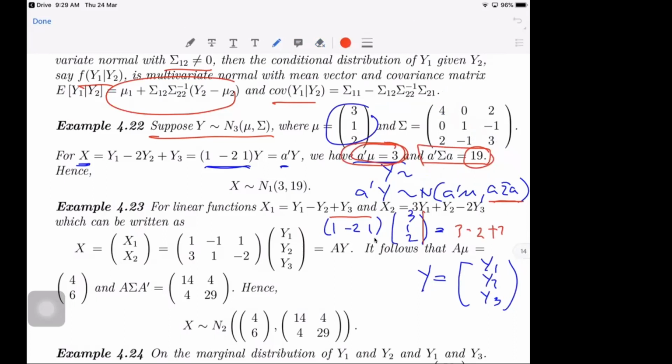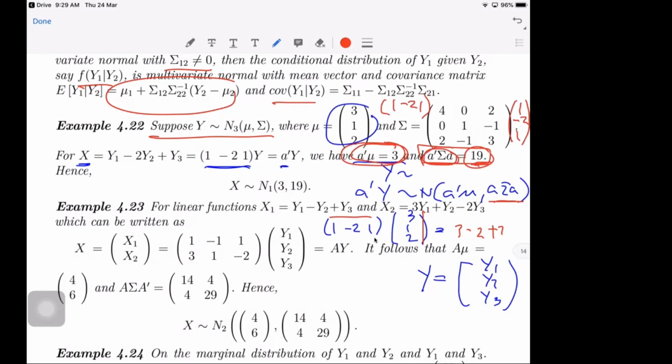So what you do is you pre-multiply this by a prime, negative 2, 1, and then post-multiply it by a, 1, negative 2, 1. Solving that, a sigma a prime will give you 19.